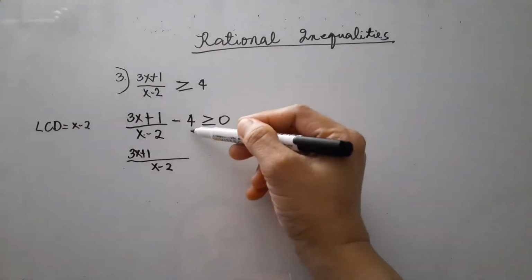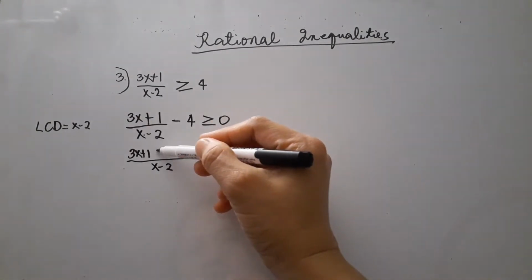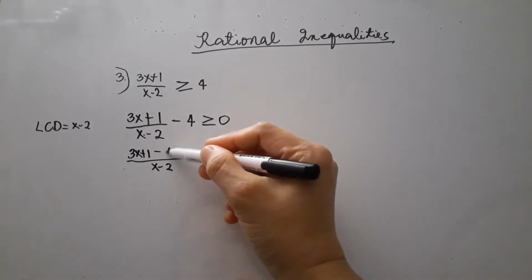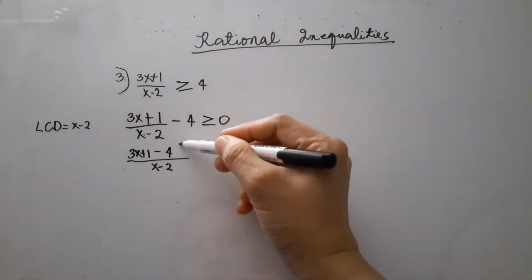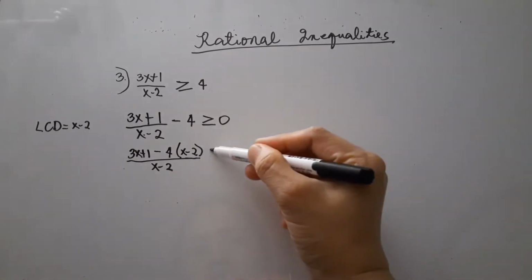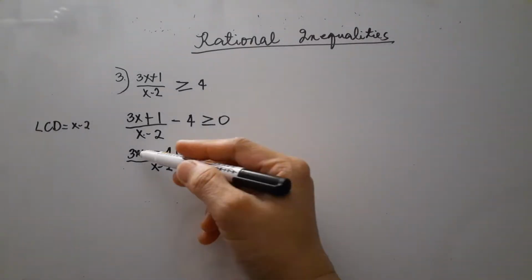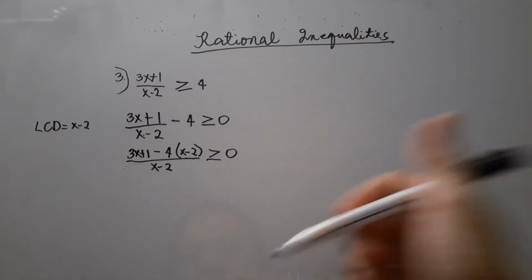And then x - 2 divided by 1, so we have minus 4 multiplied by x - 2, since x - 2 divided by 1 is x - 2. Then we simplify.